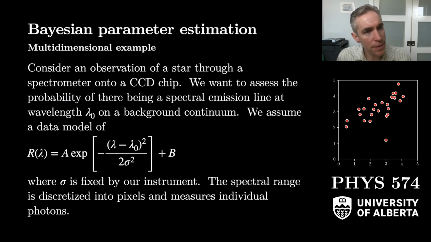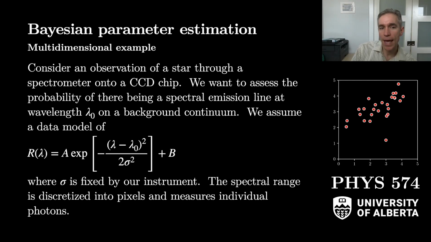But what happens if we have a covariant problem? So I want to discuss this with another example, which thinks about the idea of looking at starlight through an optical spectrometer onto a CCD camera chip. The light will come through the spectrometer, disperse, and hit the individual pixels of a CCD.